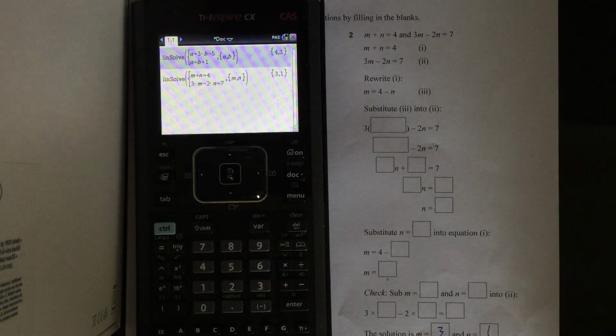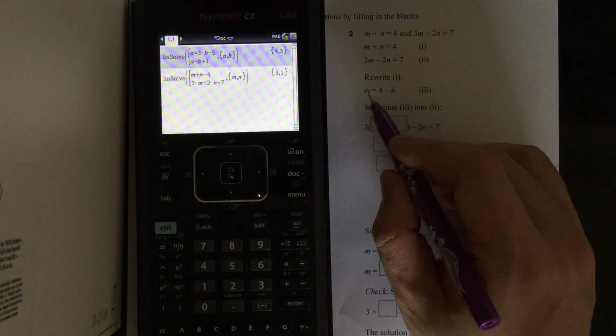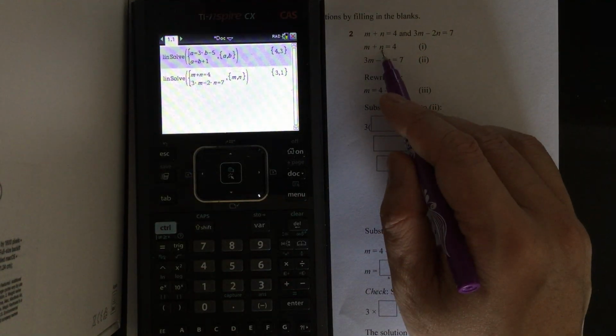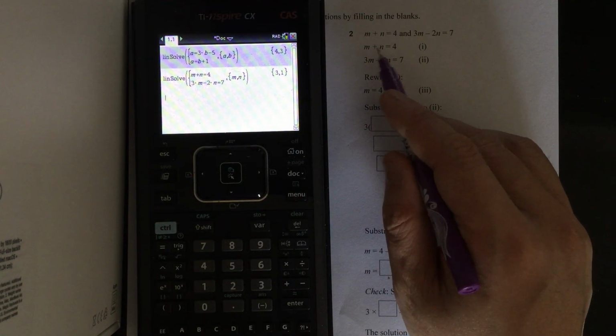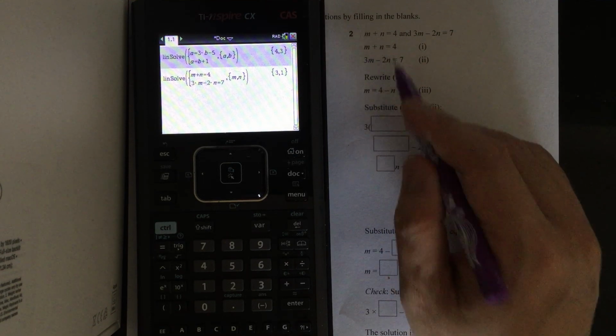Okay, this one is slightly more convoluted in that there's a bracket involved. You're substituting. Look, they've rearranged the equation to get m in terms of n, so m equals 4 take away n.